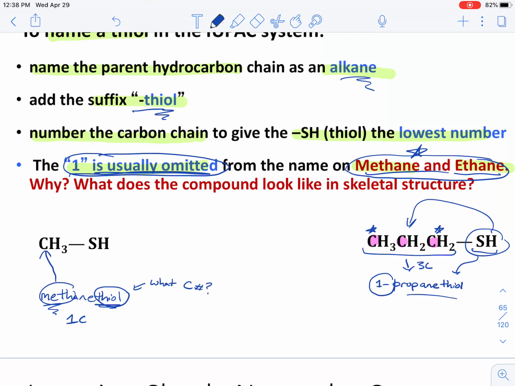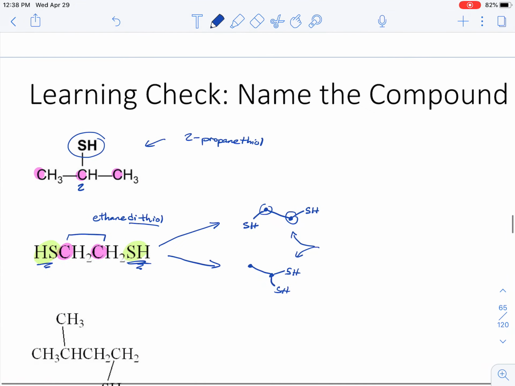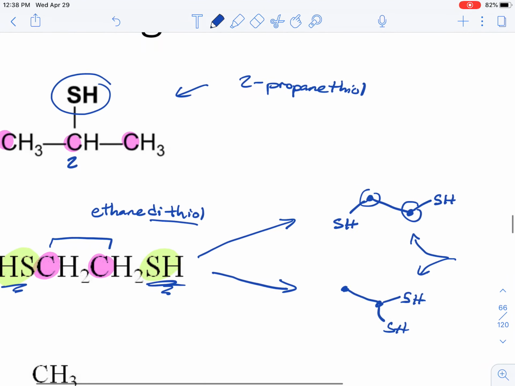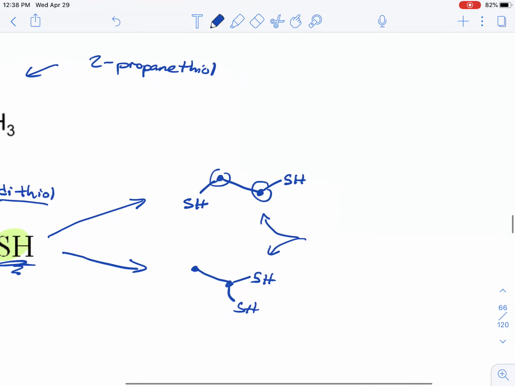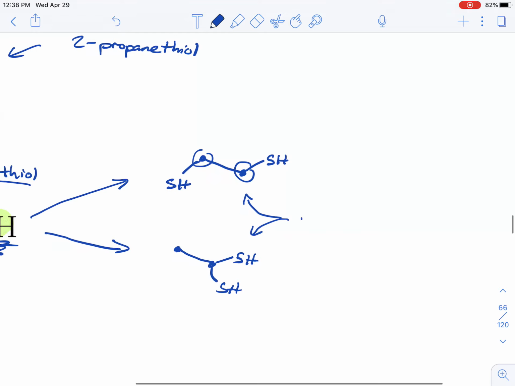Or just one sulfhydryl group on an organic compound. And so here, in this example, there's 2 ways for me to represent where those sulfhydryl groups are going to be covalently bonded to the carbon. So long story short, these are constitutional isomers.